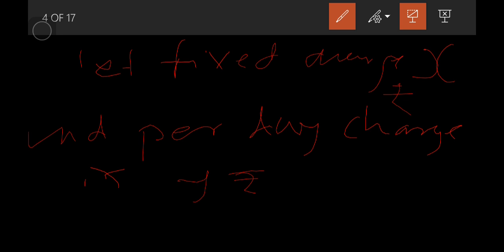If she paid for 20 days, one day is fixed and the remaining 19 days are per day, so X plus 19Y is equal to 1000 rupees.